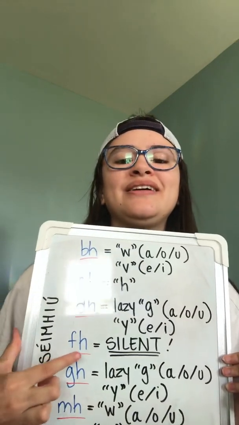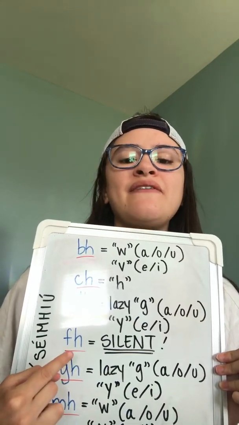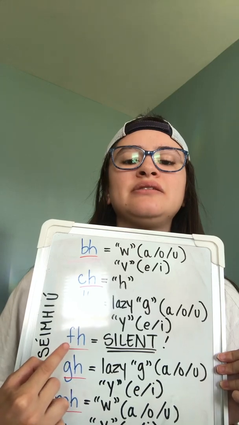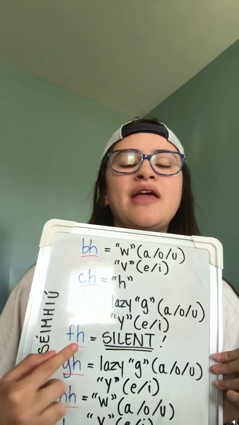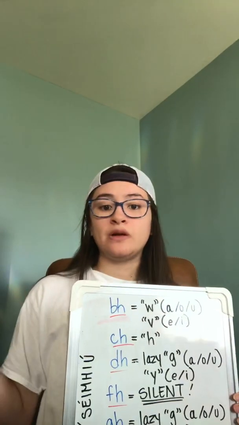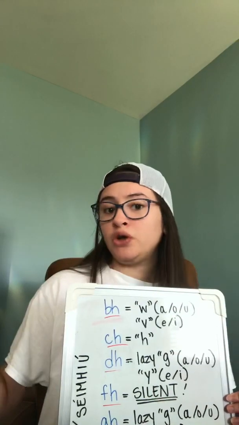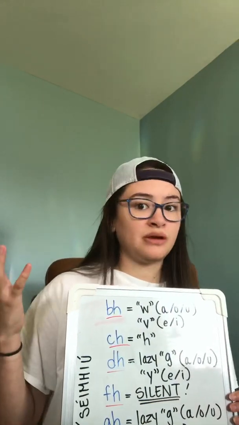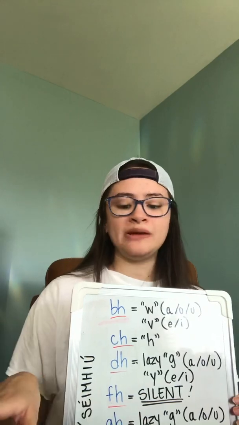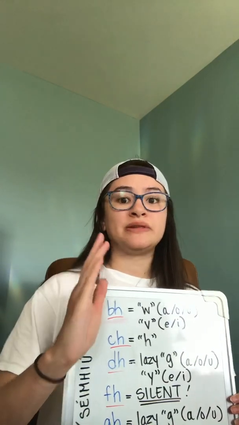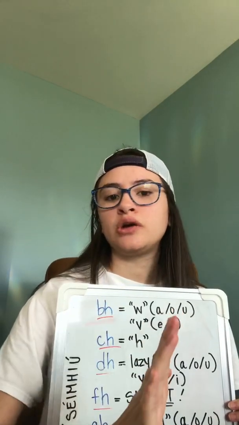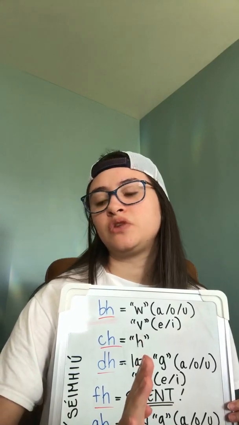Okay, if F is lenited, FH, it is silent. The F and the H are completely silent. They disappear. They are left there in the word just so you can remember what the original word was in spelling, but basically the sound of the word will start with the vowel after it.